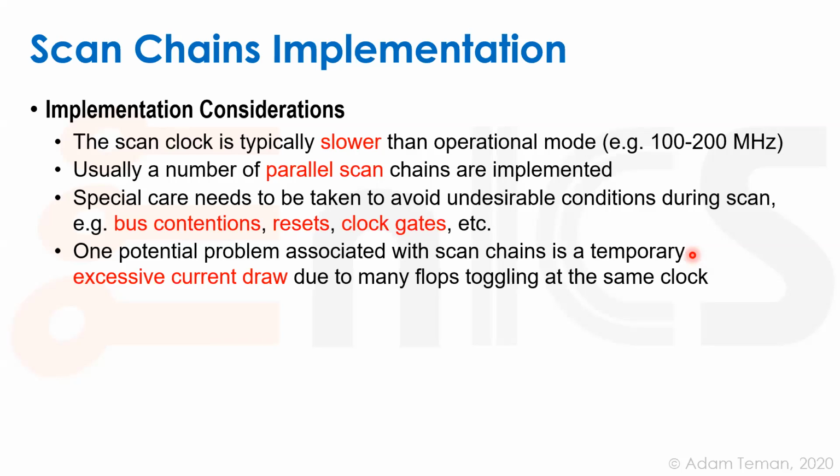Second of all, it can heat things up. It's a problem, and they do have to deal with these things. So you have an excessive current draw during scan because you're artificially toggling the whole chip at once. Udi, maybe you know how to give me some insight about it. Something you need to verify is that you can supply this power.